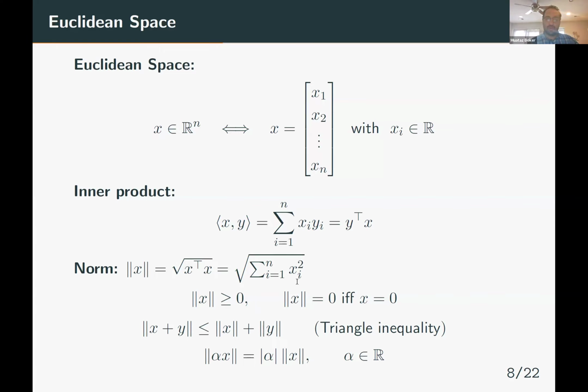Norms have properties. The three main properties are, first, they are always non-negative, and they are 0 only when x is equal to 0, when the vector is equal to 0. They satisfy the triangle inequality, meaning the norm of x plus y is less than or equal to the norm of x plus the norm of y.